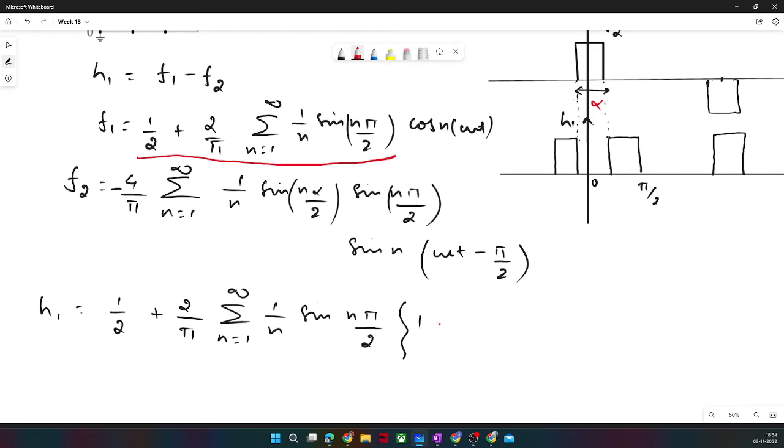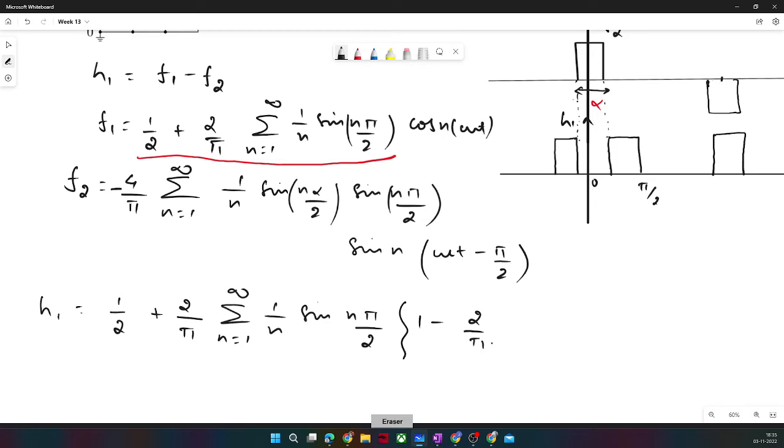1 minus 2 by pi, sorry, no summation. 1 minus 2 by pi, I guess 1 minus 2.